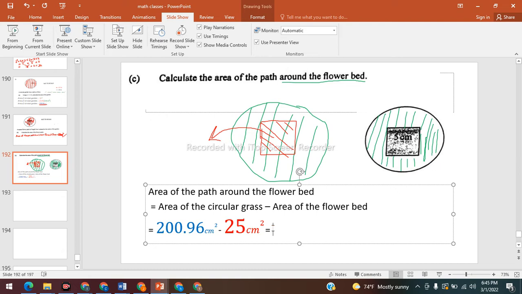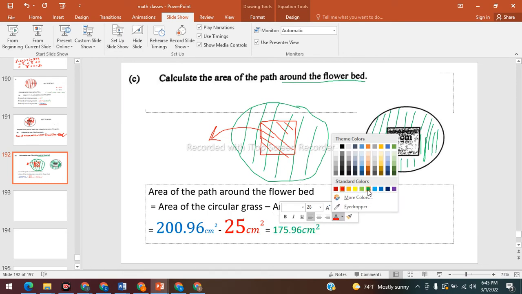What do we get? 175.96. 175.96 what? Centimeters squared. Okay, so this is our answer.